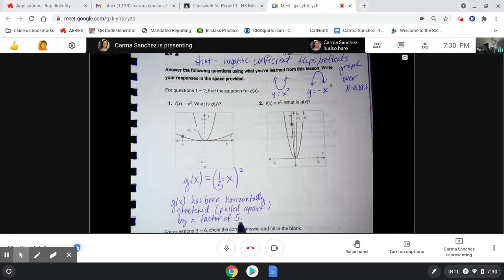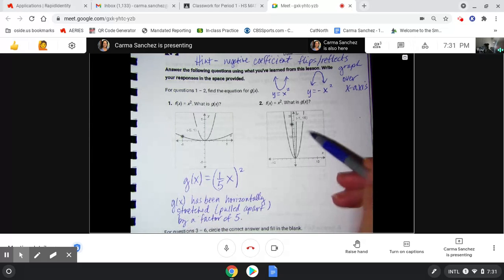And we look back at our examples of our notes from the study guide, and that shows us that when something has been stretched horizontally, we're going to be looking at a fraction inside the parentheses. We could also say it's been vertically compressed or pushed down by a factor of 25. But so starting so far, we're going to say horizontally stretched by a factor of 5 based on that negative 5,1 number that they're giving us there.